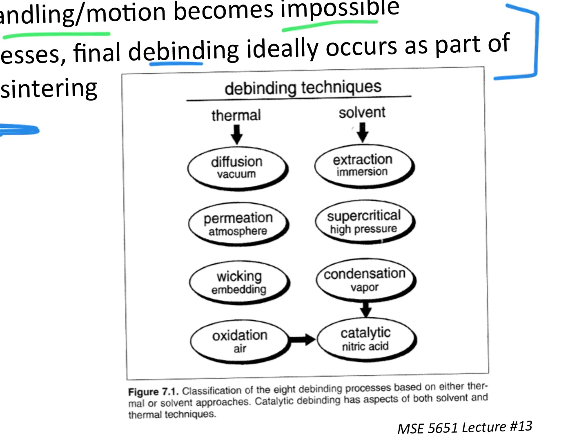So that's the general trick that people play here. And so we have these different debinding techniques, a lot of which we talked about. So thermal debinding can be enhanced by diffusion in a vacuum. This extraction or immersion technique is very popular in this context because what we can do is use a solvent to remove the wax. So we'll take our parts, dunk them in a bath of heptane or hexane or something relatively cheap, and then the wax dissolves into that, but the polypropylene stays behind.